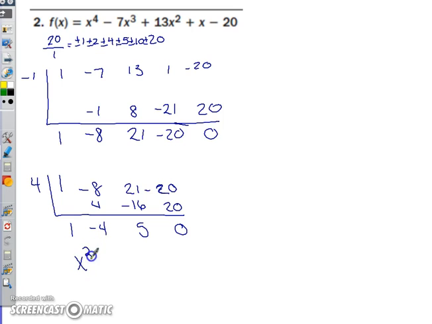So we have x squared minus 4x plus 5 equals 0. Which can't be factored because if this was negative, it could be. Since the 5 is not negative, it can't be factored. So you have to do the quadratic formula.